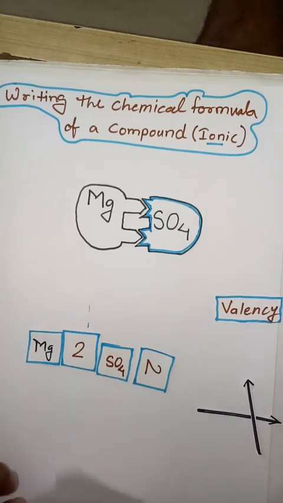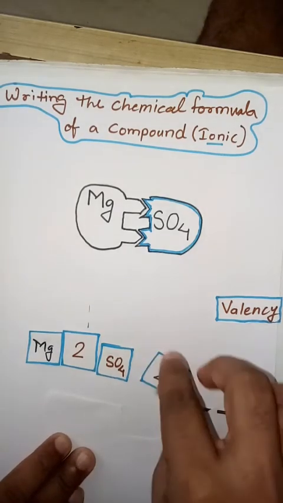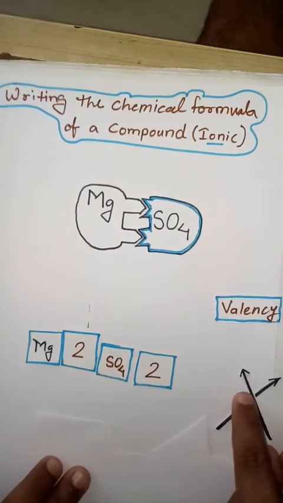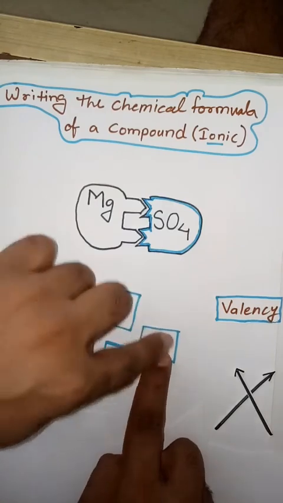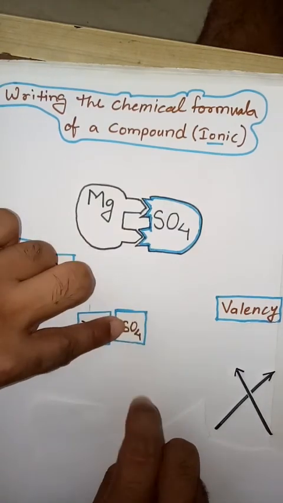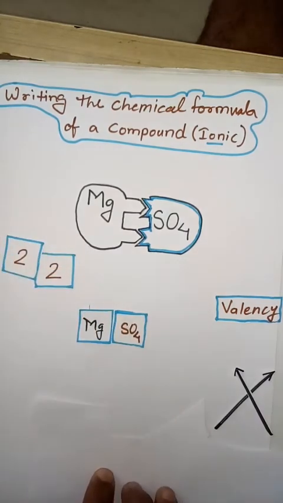We have to write in the simplest ratio. So if you divide these two by 2, you get the simple formula MgSO4. This is the final formula of magnesium sulfate.